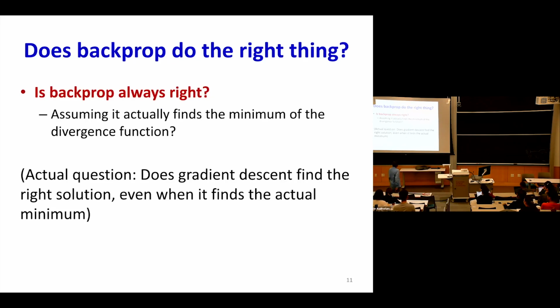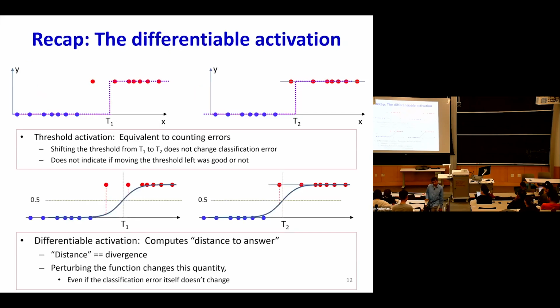Let's look at whether backprop is always right. And I'm speaking of not when backpropagation finds a local and erroneous minimum. When backpropagation actually finds the global minimum of your loss function, is it doing the correct thing? So here is what we saw, right? We saw this example where we explained why we wanted a differentiable activation function.